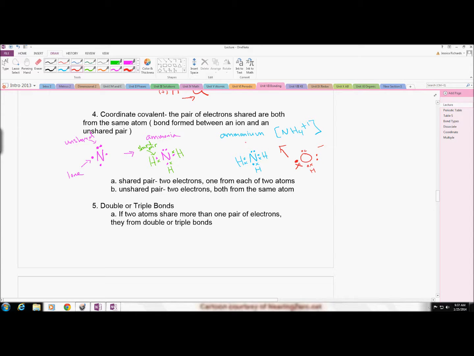And your hydrogen, which has no electrons now, is positive, and it hooks on to this unshared pair of electrons. That is your coordinate covalent bond, and we make our polyatomic ion NH4 plus 1. We have also made a hydroxide polyatomic ion.